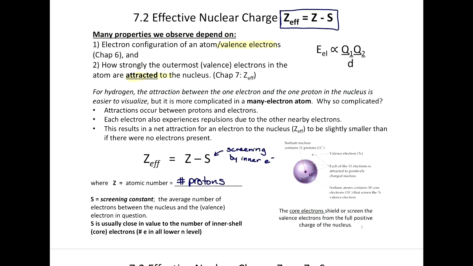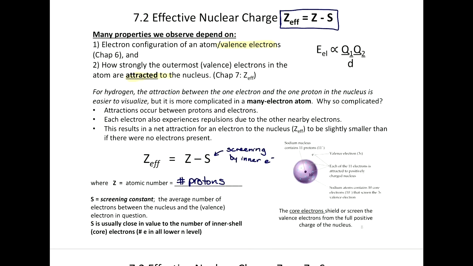We want to think, how attracted is that electron to the nucleus? The answer depends on where that electron is on that atom. If you are very far away from your nucleus, are you very attracted to the nucleus? Versus if you're really close to the nucleus, you're going to be really attracted to it. So we have to think about that.